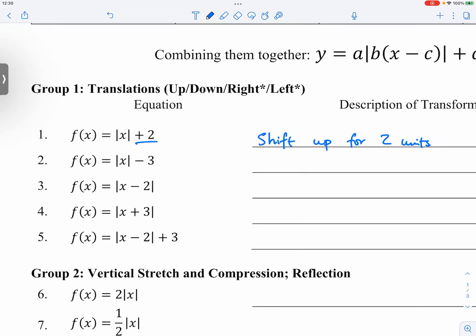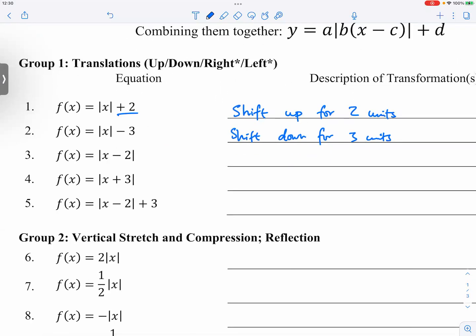You don't just write down up or down. You got to specify how many units there will be. And then for number 2, we say, all right, what about this? Number 2. Shift down for 3 units. There you go. Shift down for 3 units. Okay.